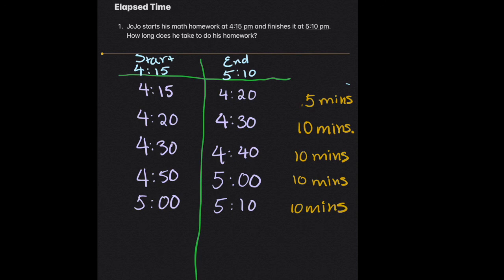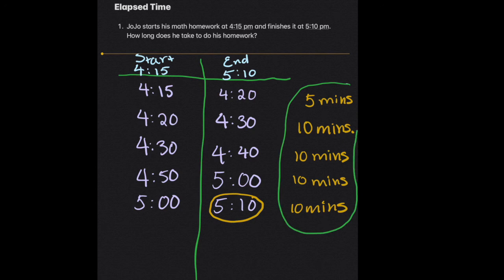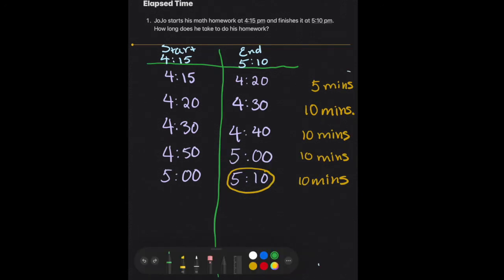So now that we've counted in intervals up to 5:10, we can add these times all up. So now we're going to add up these times. Okay? 5 minutes, plus 10 minutes, plus 10 minutes, plus 10 minutes, plus 10 minutes.